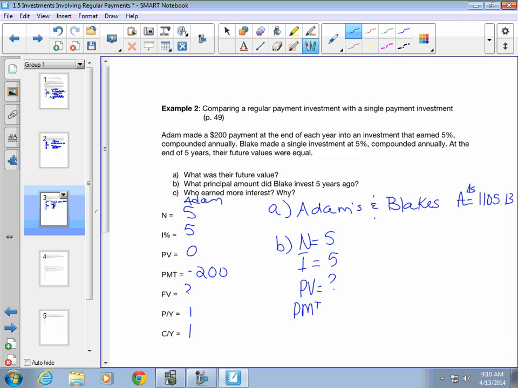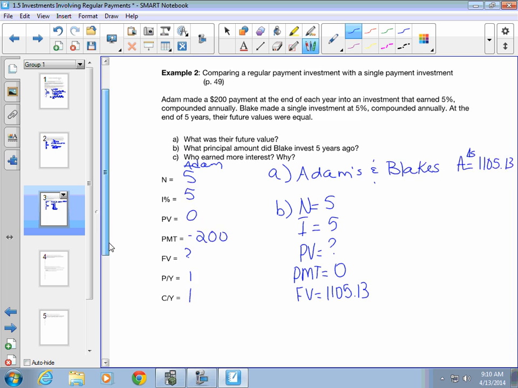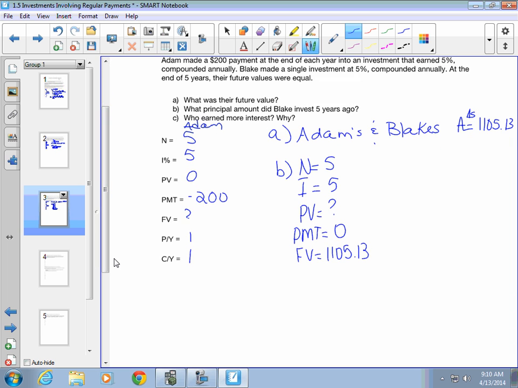Because we're trying to find present value, we're not trying to calculate payments in here, so we just leave that at 0. Future value is $1,105.13. Payments per year is 1, and compounds per year is 1.